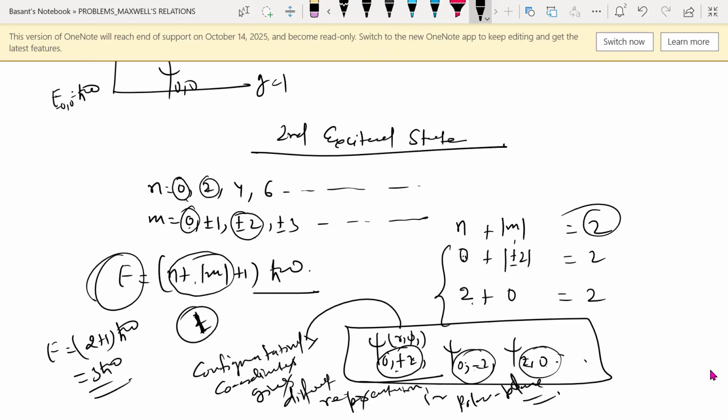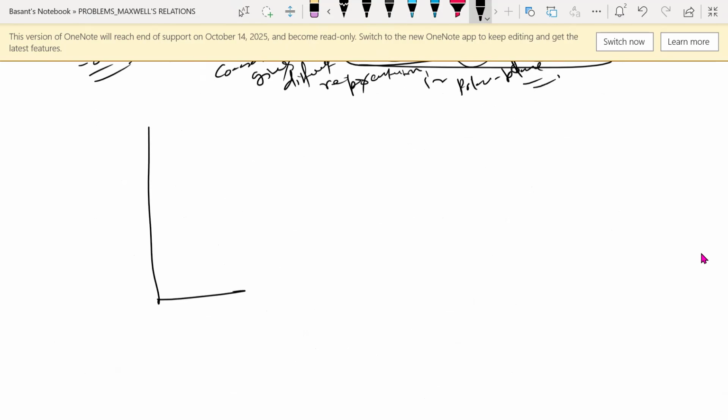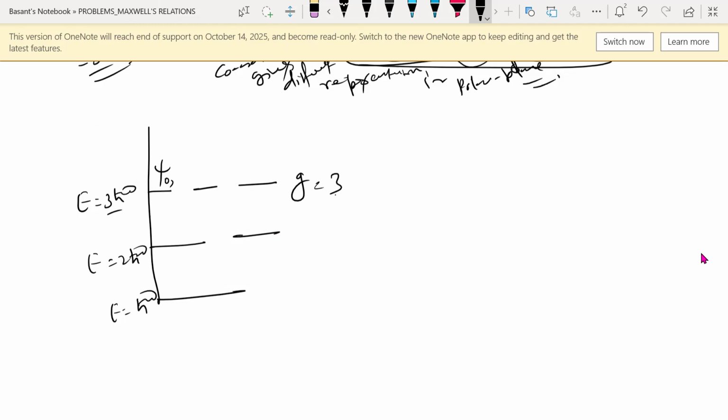So these three states have the same energy, each having energy 3ħω. Hence, for the second energy level, we see that in the ground state, the energy is ħω. In the first excited state, there are two states and the energy is 2ħω. And the second excited state having energy 3ħω with degeneracy 3. And these are (0, 2), (0, -2), and (2, 0).